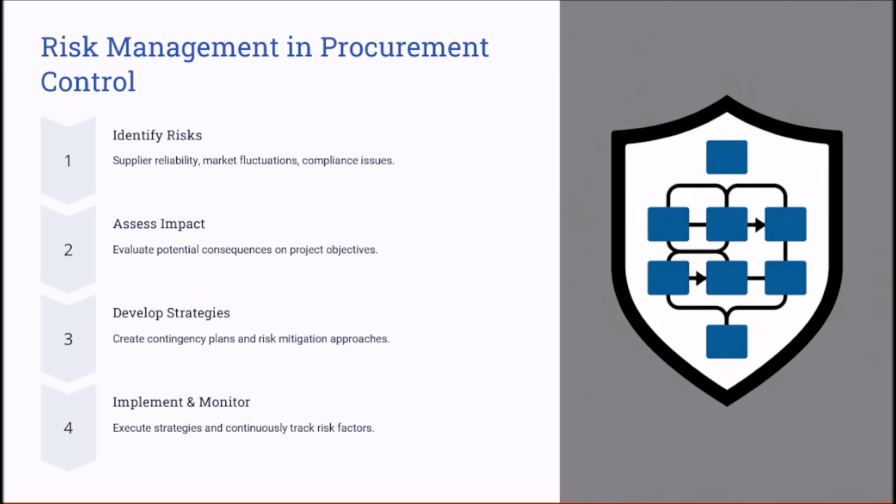But how do we mitigate these risks? Let's now talk about risk mitigation strategies for the risks just mentioned. First, you need to have a vendor contingency plan. A vendor contingency plan is like having backup suppliers for critical goods or services. Do not put all of your eggs in one basket.